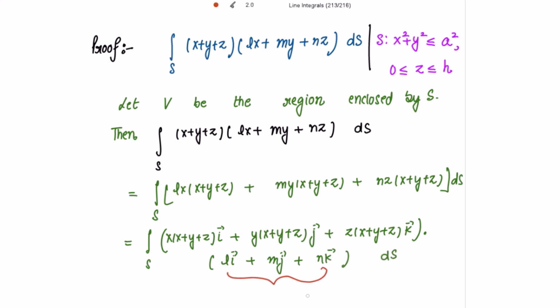This is nothing but your n vector, the outward drawn normal to the surface, where l, m, n are the direction cosines of the outward drawn normal.